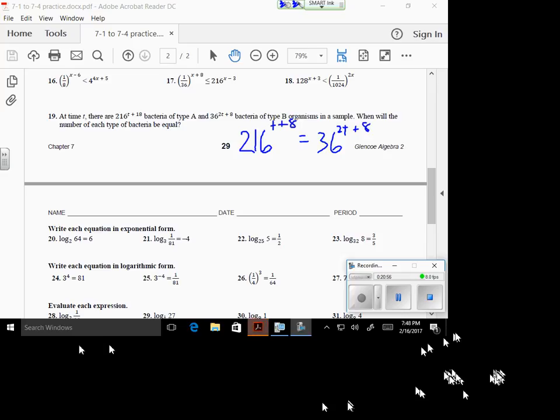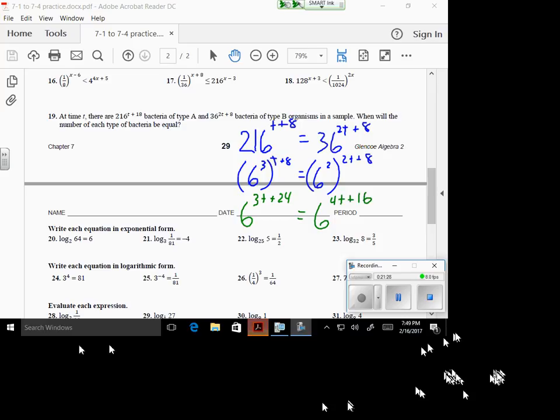So 216 is 6 cubed. 36 is 6 squared. So that means 6 to the 3T plus 24 will be equal to 6 to the 4T plus 16.